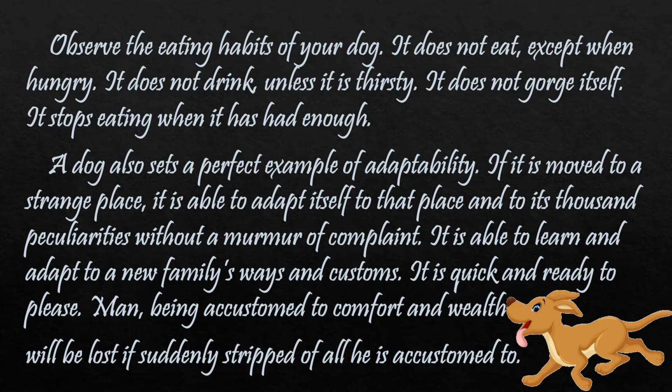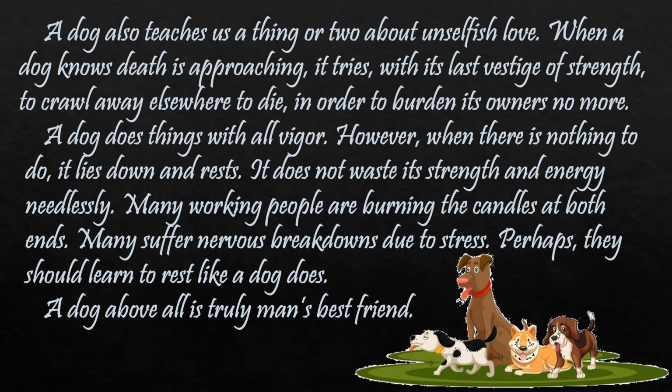Man, being accustomed to comfort and wealth, will be lost if suddenly stripped of all he is accustomed to. A dog also teaches us a thing or two about unselfish love.